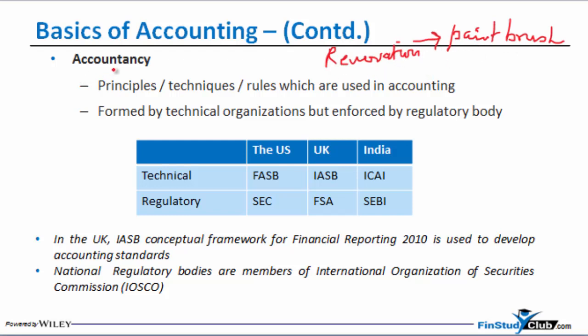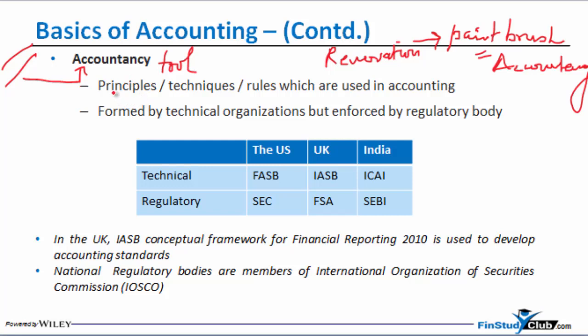This exactly is the difference between accounting and accountancy. Accountancy is the tool using which accounting is done. So the process remains accounting, and the accounting is done with the help of something called accountancy.